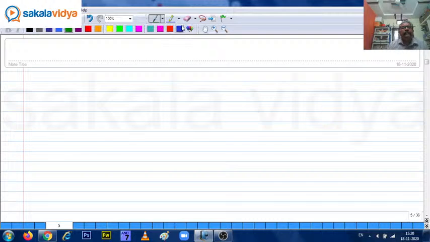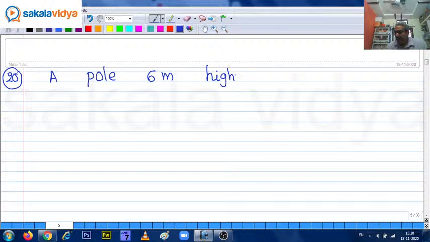Okay, 20th problem. So now this is the quiz. I'll give this problem. Already we have solved this model, but you need to do.